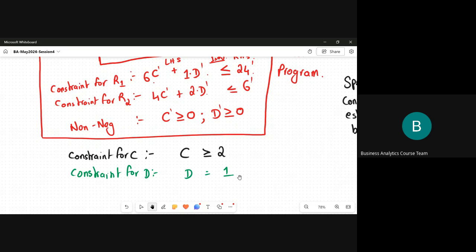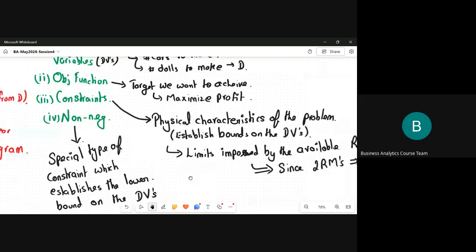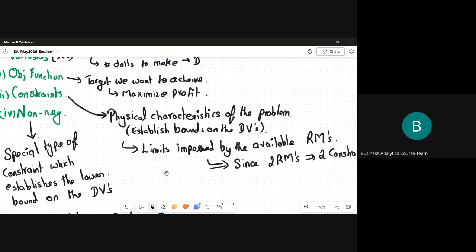So this is how, based on what is told, constraints are added. Look at all of these constraints. What are they imposing? They are imposing restrictions on C and D by capturing the physical characteristics of the problem. Physically, the problem says I have only 24 raw materials, so my decision variable should not consume more than 24 raw materials. I have to make at least 2 cars, so my decision variable must be greater than or equal to 2.